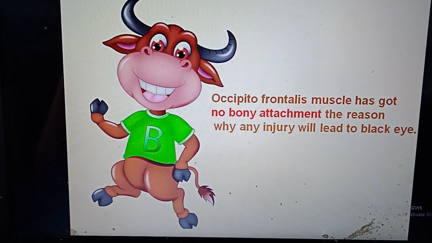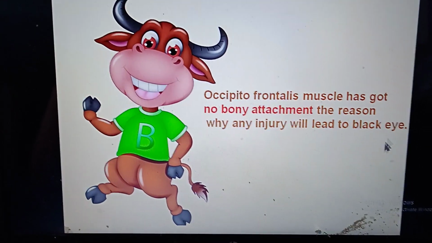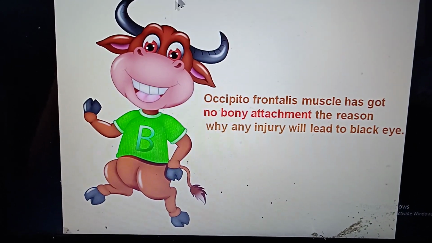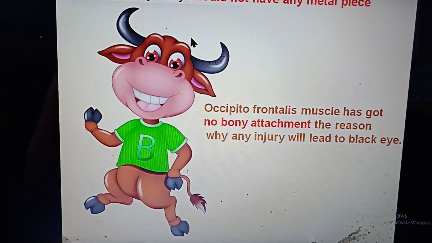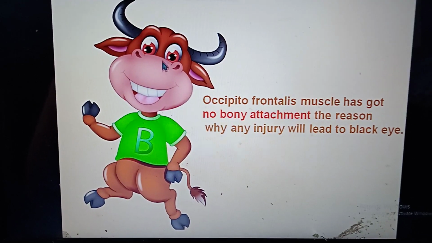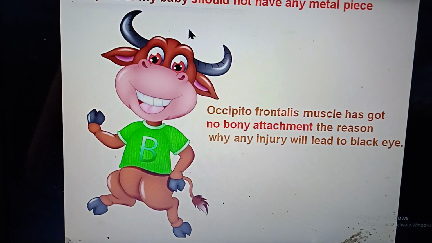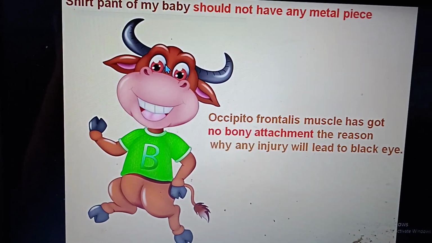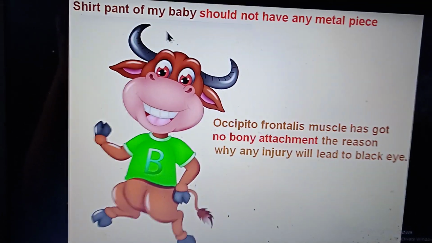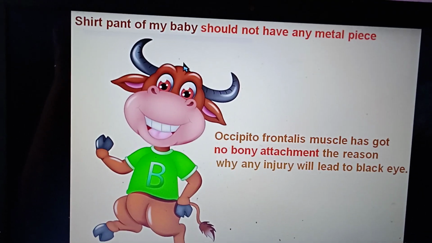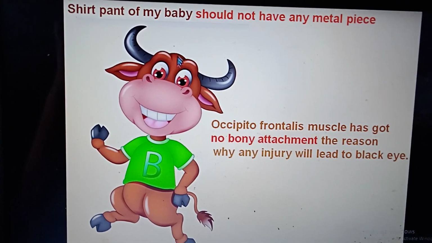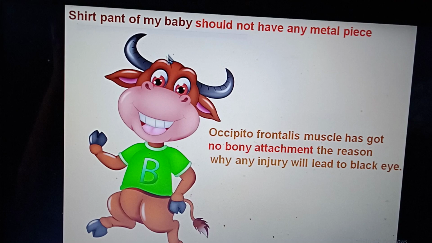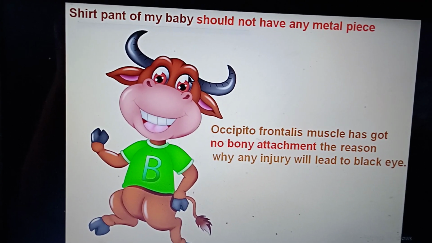This is the anatomical basis: any blow to the eyelid, or any blow to the skull or scalp, and any frontal bone fracture will lead to extravasation of blood which collects around the eye, because the fronto-occipitalis muscle, especially the frontal belly, has no bony attachment.